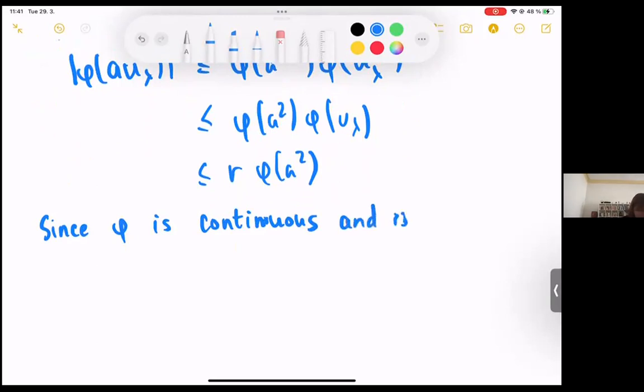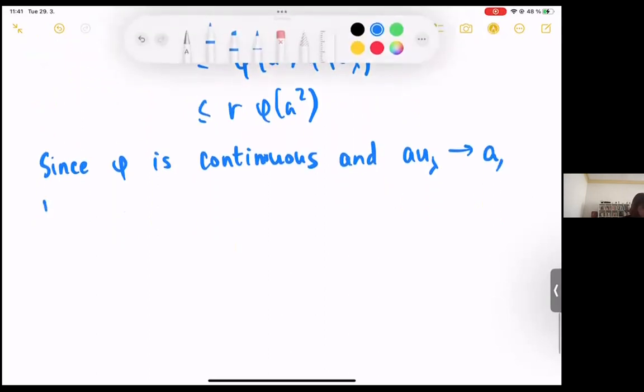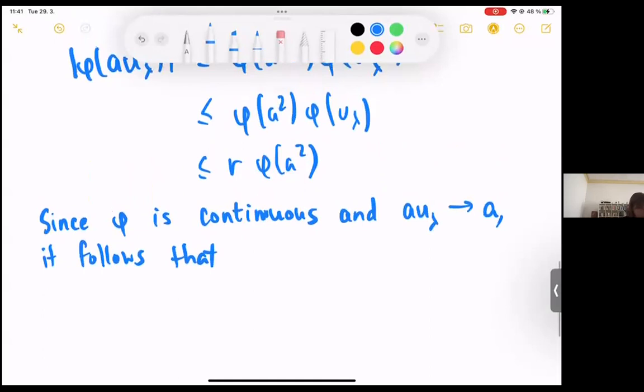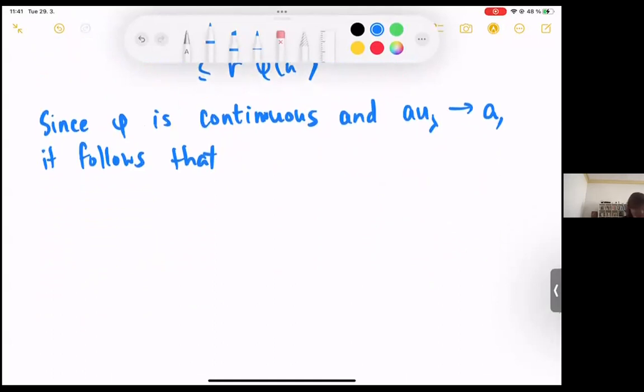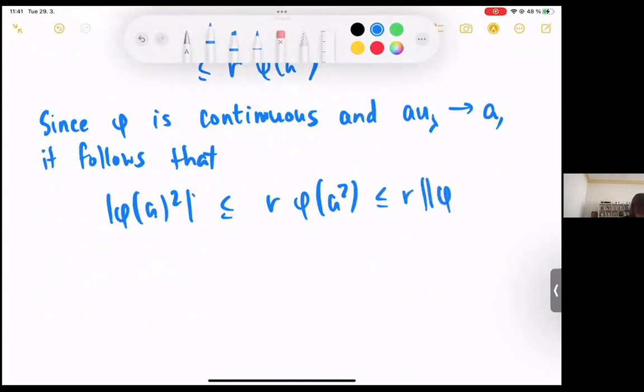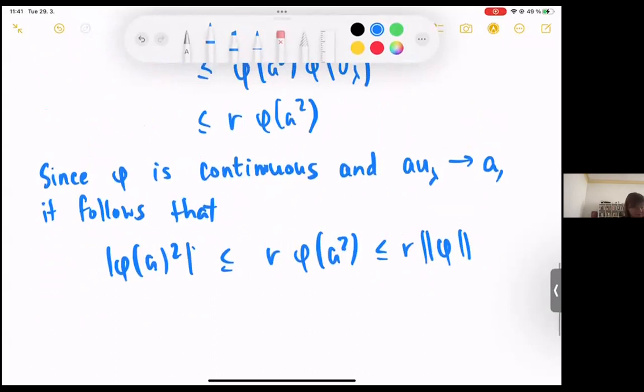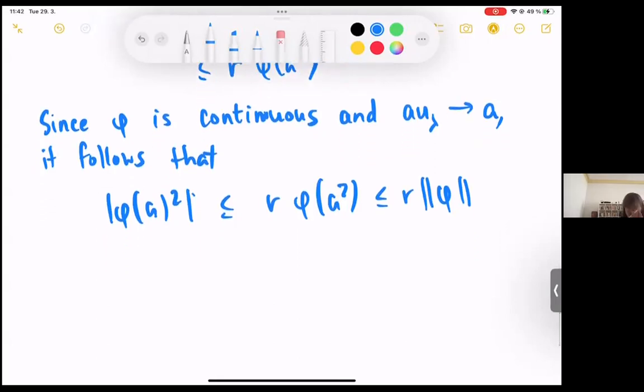Okay, so what does our, oops. This is an approximate unit, so A u lambda converges to A. Which means that we get that in fact phi of A squared is at most r times phi of A squared, and A we assumed was at most 1, so we get r times the norm of phi here.